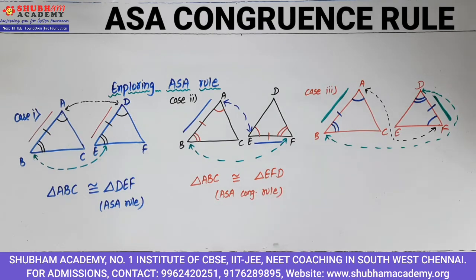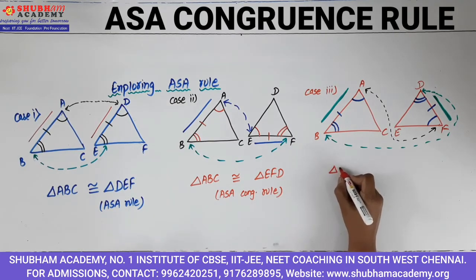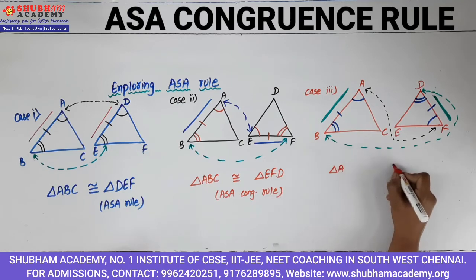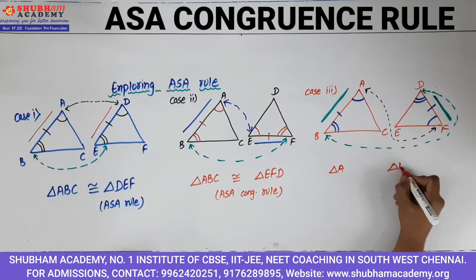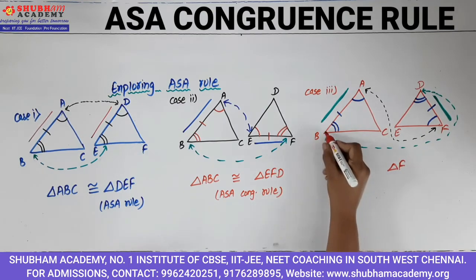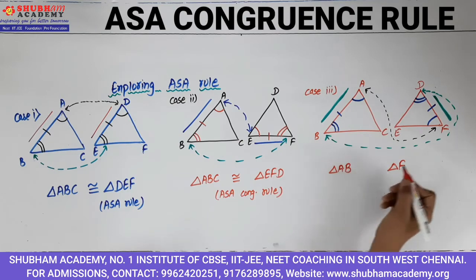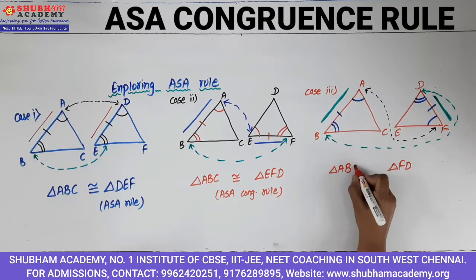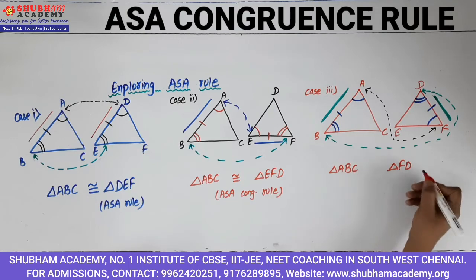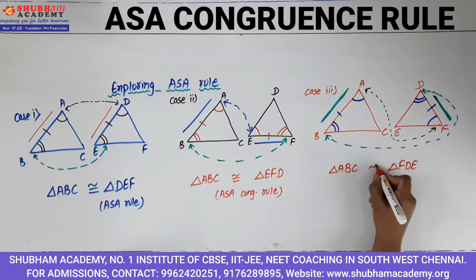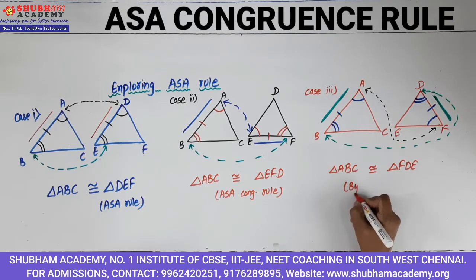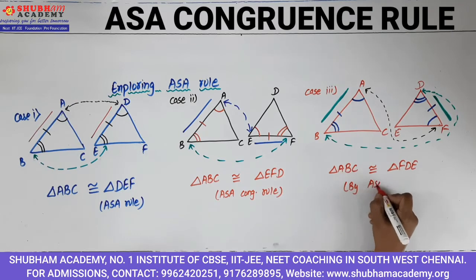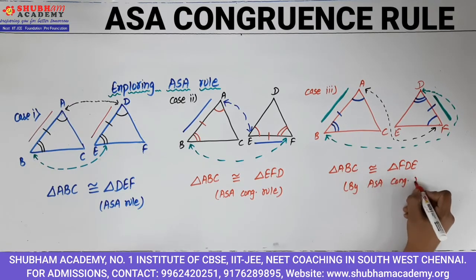Now see here for case 3, again triangle A here, so angle A corresponds to angle F, then angle B corresponds to angle D, and finally the last vertex C and here E. So both the triangle ABC is congruent to triangle FDE by ASA congruence rule.